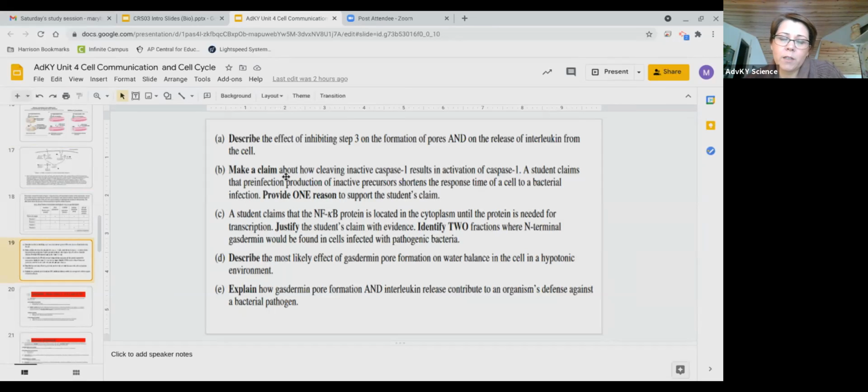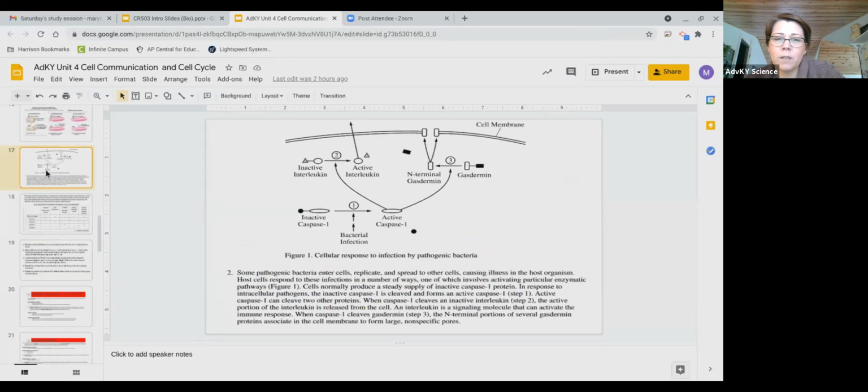So for this, you're going to make a claim of how cleaving the inactive caspase activates it. And for the other part, a student claims that the pre-infection production of inactive precursors shortens the time for that cell to respond, and provide a reason. So I'll go back so you can see.